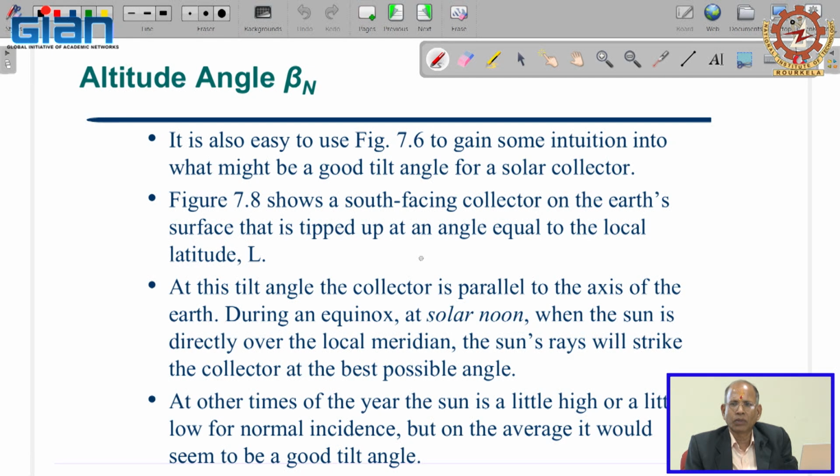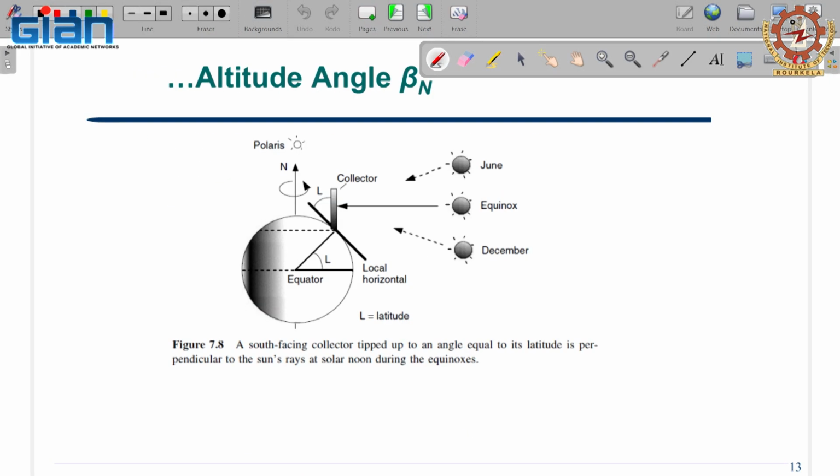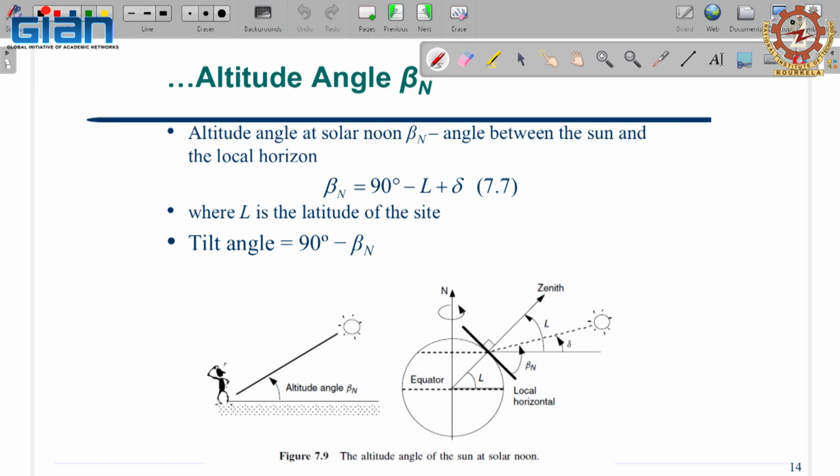Then there comes another angle, the altitude angle beta n. I am not going into too much detail, otherwise your battery and mine will be unnecessarily exhausted. In the same way there is an angle called beta n. We are aware of what we call the latitude. We are not going into unnecessarily too many details of doing these calculations.